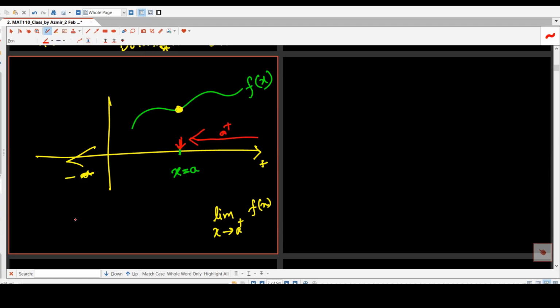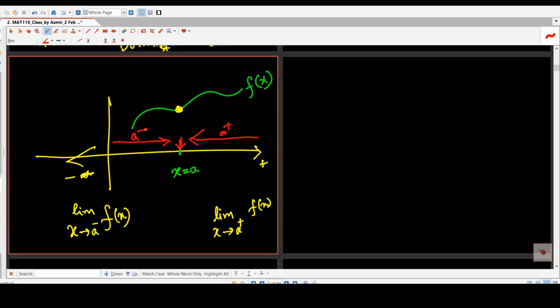What is a minus? Let's say we have this notation for left-hand limit, limit of f of x when x is approaching a minus. It means we are coming from the left side towards a.